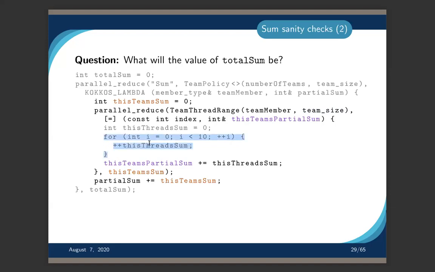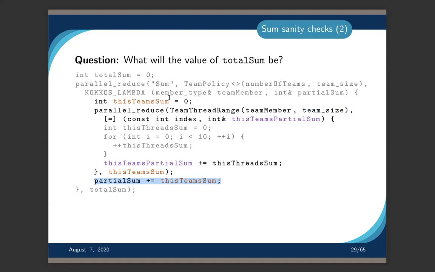I get this thread sum in here to be 10. It then contributes that to a reduction within the team. That means this team sum at the end will be team size times 10. Now, this statement out here is executed redundantly by every single thread, right? Every thread executes that still.